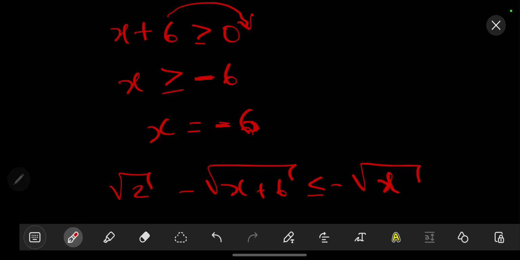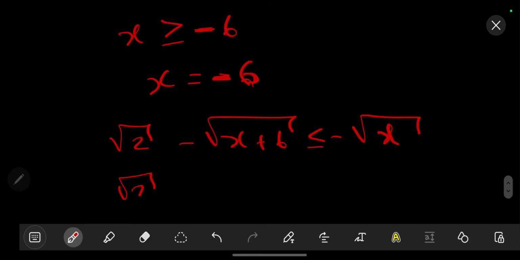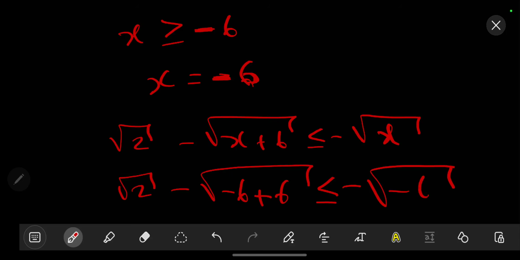Let's try this value. Where x is, we put negative 6. We are going to have the square root of 2 minus, open brackets, negative 6 plus 6, then negative the root of negative 6. So immediately you have a negative inside the root like that. Then just conclude that this is false.